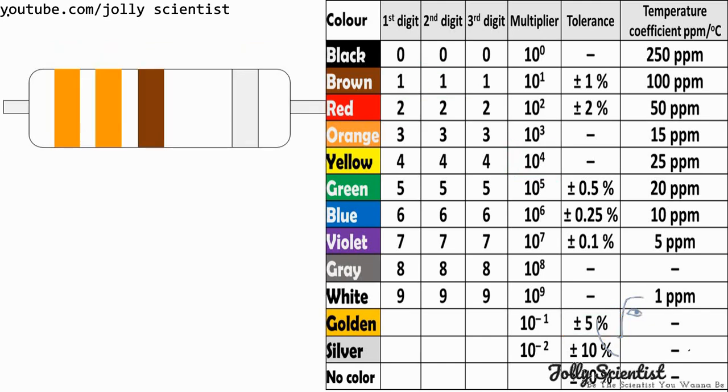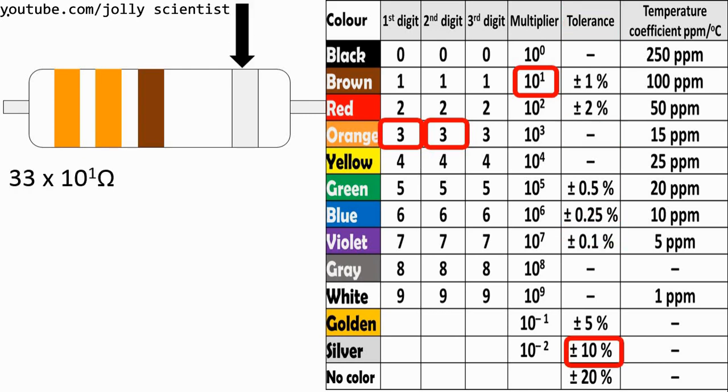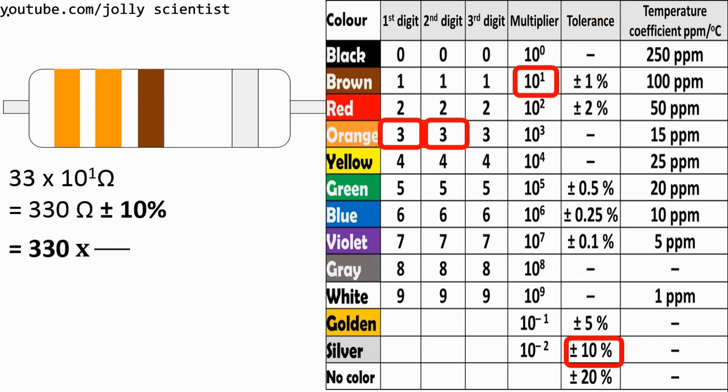Let's try this now. The first color, the second color, the third, is it a digit? No, good, a multiplier. So what do we write down? So it means that this resistor will vary by 83 ohms.